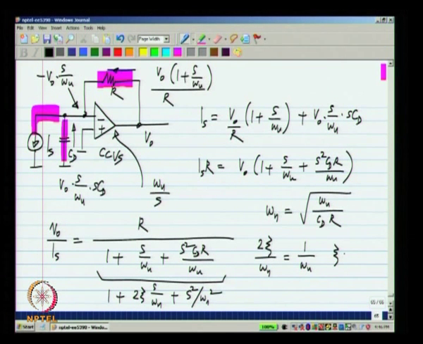So, zeta is given by half square root of 1 by omega u C D R.